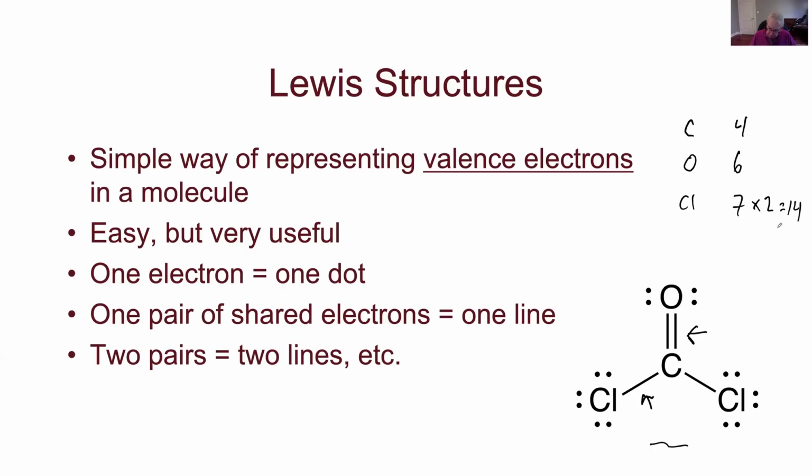So altogether, I should have 24 valence electrons. And if I count in my picture, it's going to look like those are more dots. So I get 2, 4, counting the pairs there, 6, 8, 10, 12, 14, 16, and then I have 4 lines, which is 8 more, so I get 24, right? So all my electrons are in my picture, confirming that my structure is okay.